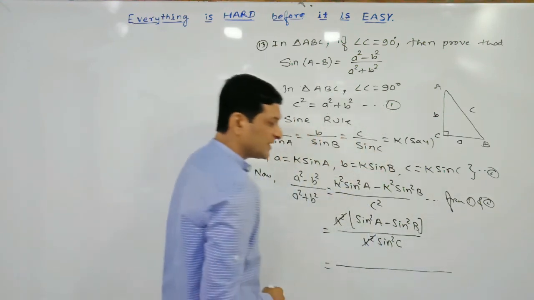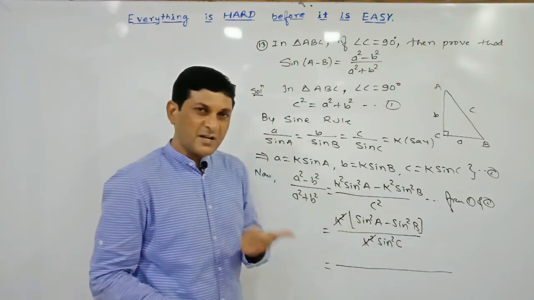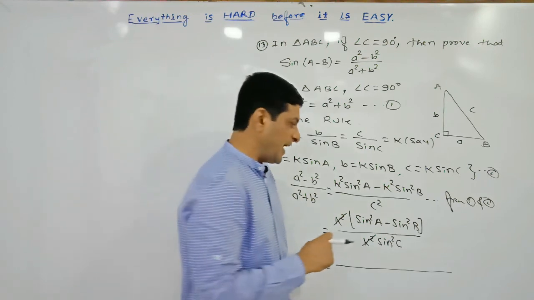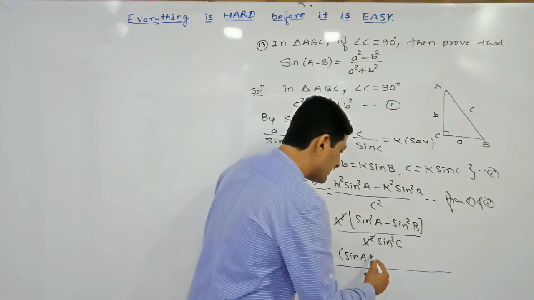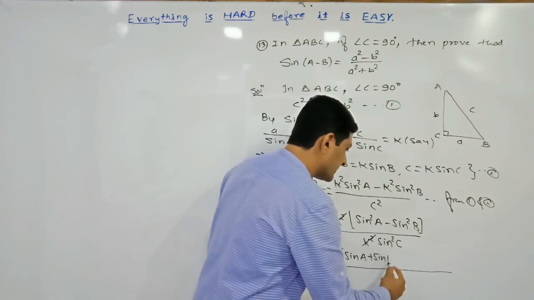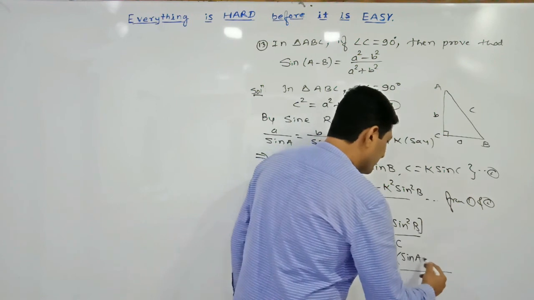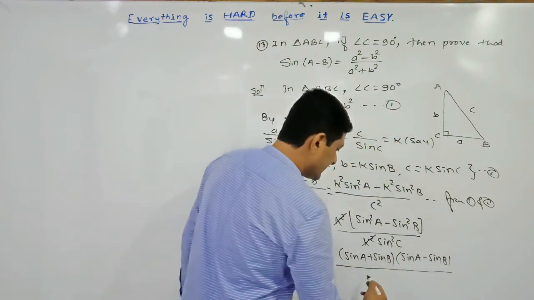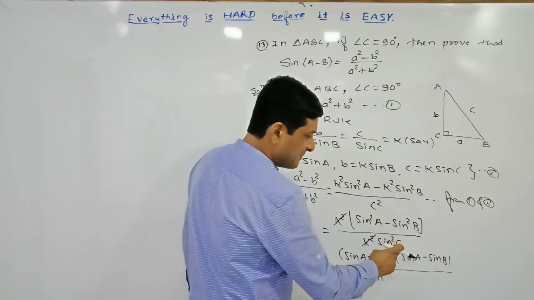The terms in the numerator are in the form of a square minus b square. What are the factors of a square minus b square? (a plus b) into (a minus b). So we get (sin A plus sin B) into (sin A minus sin B). In the denominator, keep sin and the square as it is, and I am replacing C.